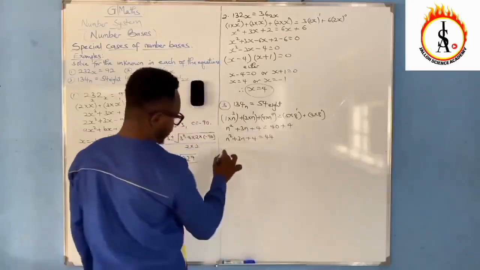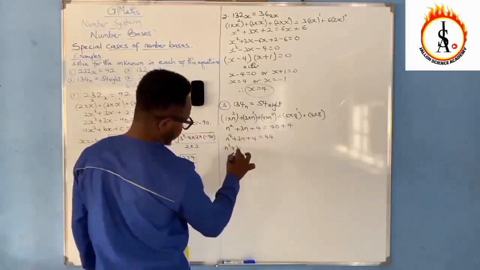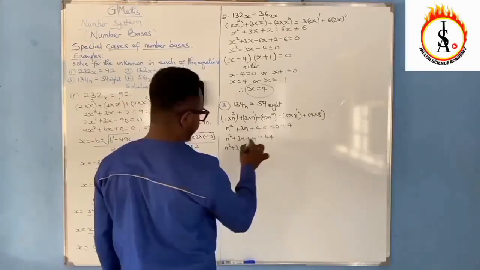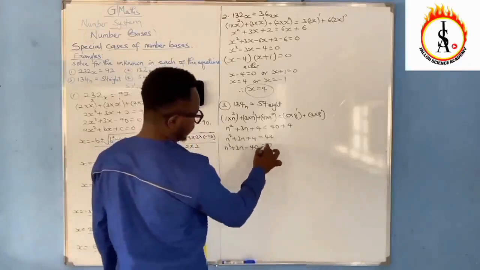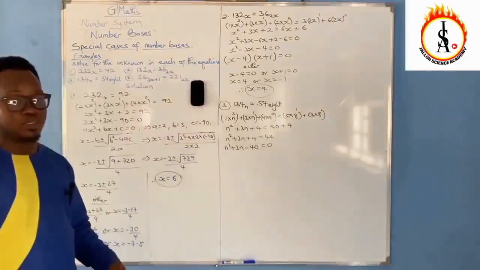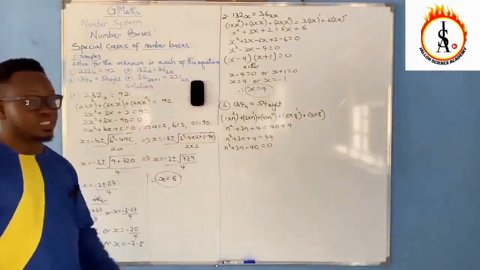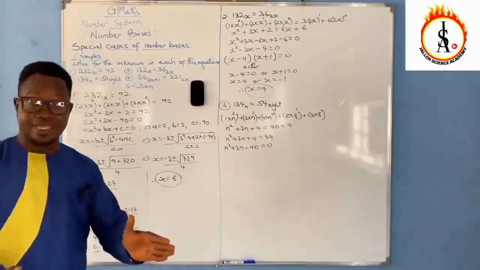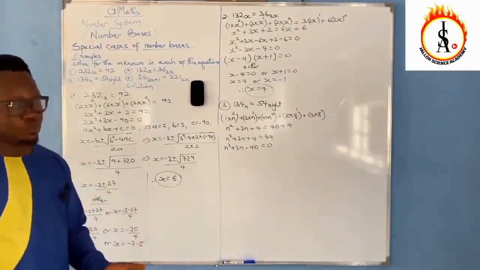So if we transpose this, n squared plus 3n, if this becomes negative 44 plus this, that's negative 40, 0. Two numbers, if we multiply, we get negative 40, and if we add, we get positive 3. Plus 8 minus 5 gives you plus 3.